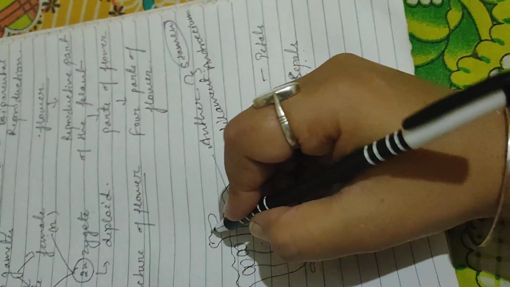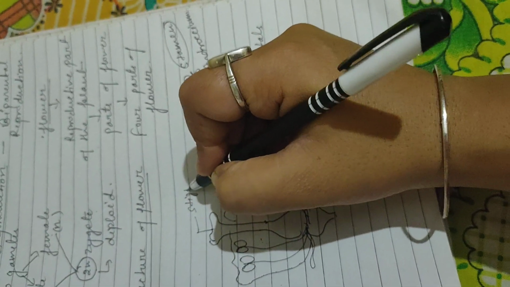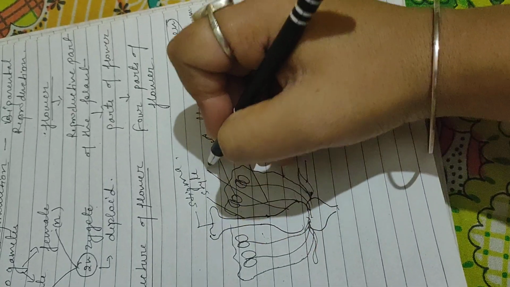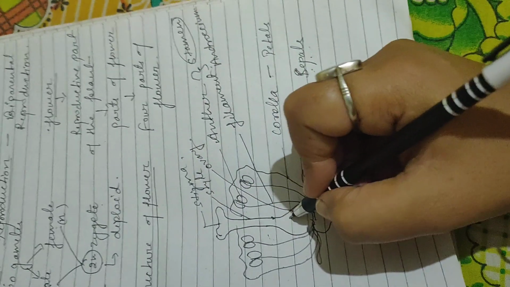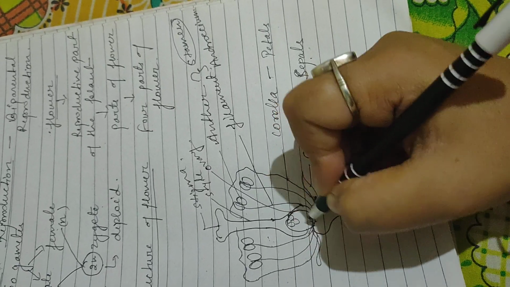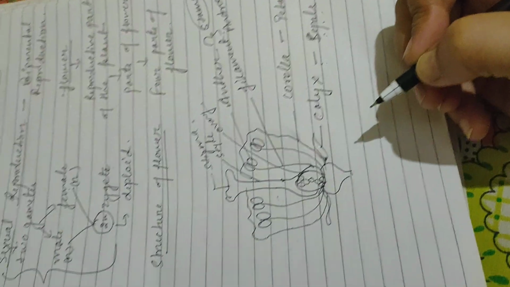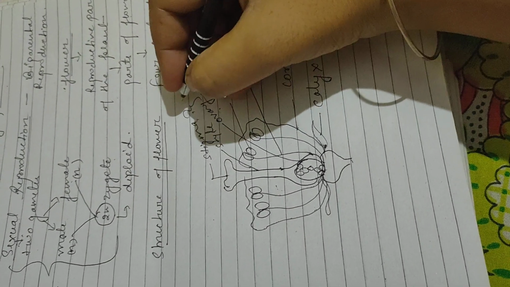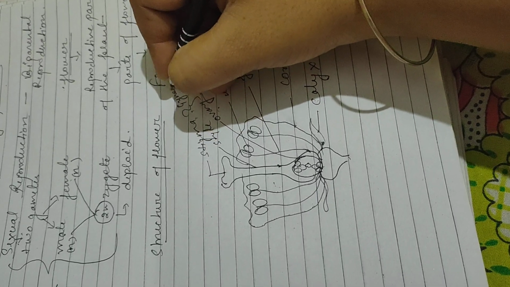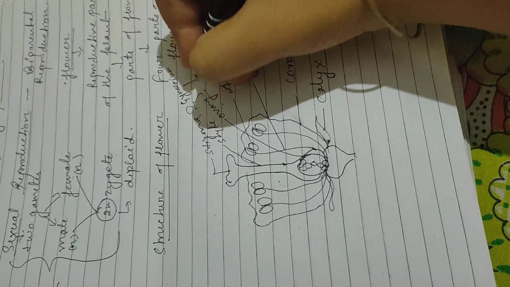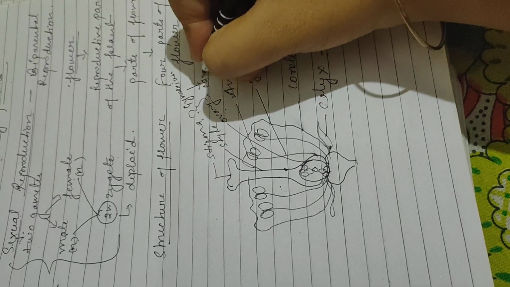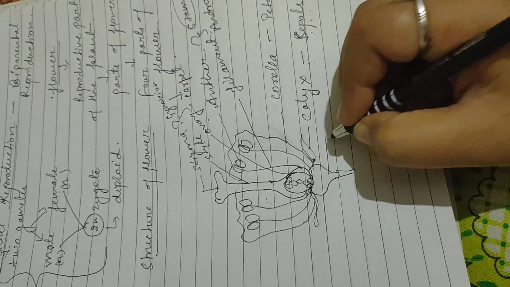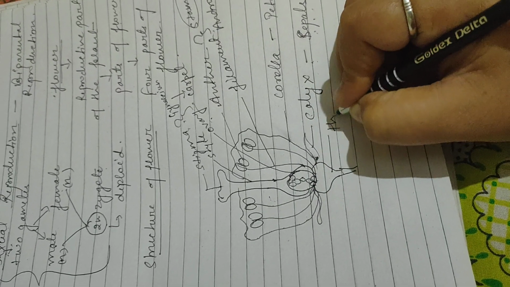This is the stigma, this is the style, and this is the ovary. Inside the ovary, the ovule is present. Stigma, style, and ovary combine together to form the female part of the flower, known as gynoecium, and the unit of gynoecium is carpel. This is the broadened base of the flower, known as thalamus.